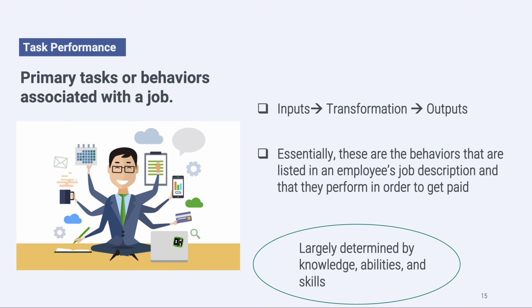Because here, an individual who doesn't have the ability to do their primary tasks literally isn't able to do the tasks, and is not going to be performing well. Also, if they lack the knowledge, if they lack the skills that are required to do their job, then they're also not going to be able to perform well no matter how hard they try, because knowledge, ability, and skills are essential to really doing the core work that's required of a given job.